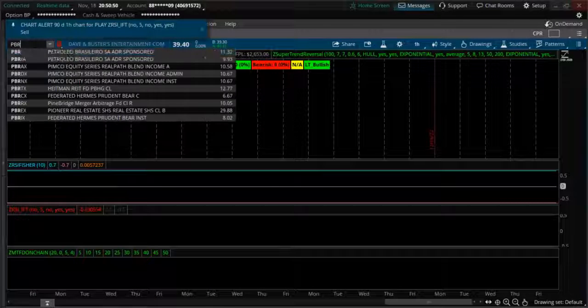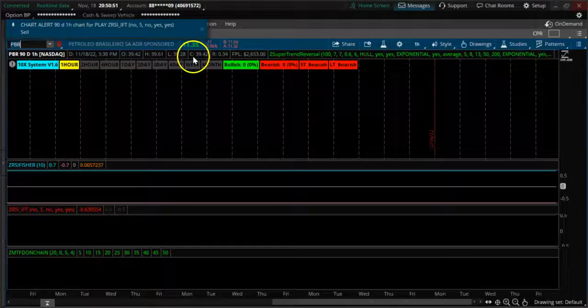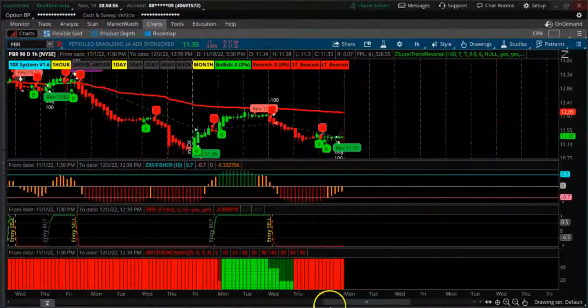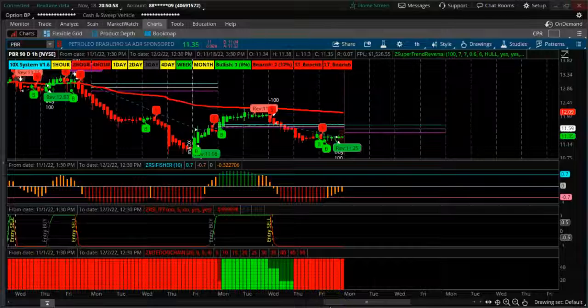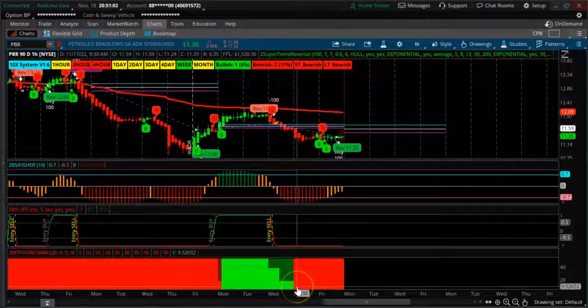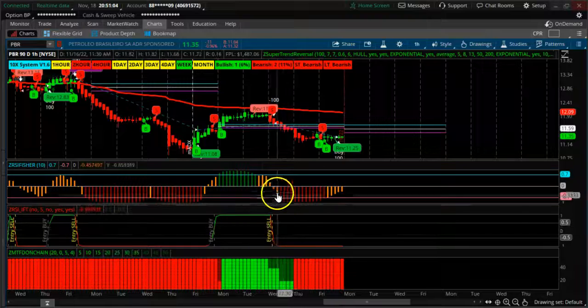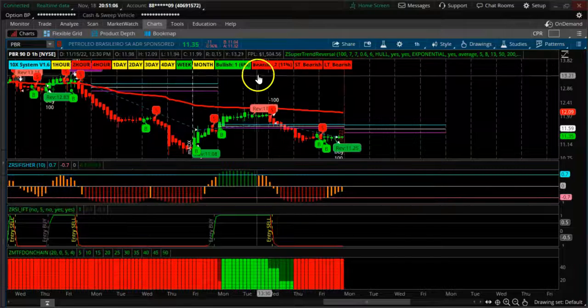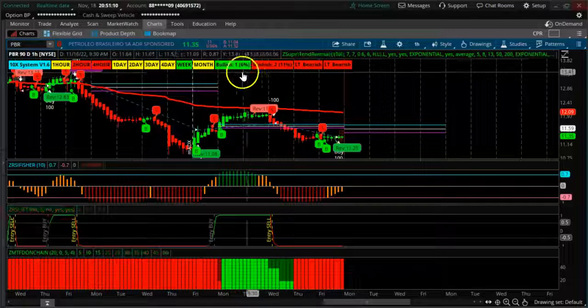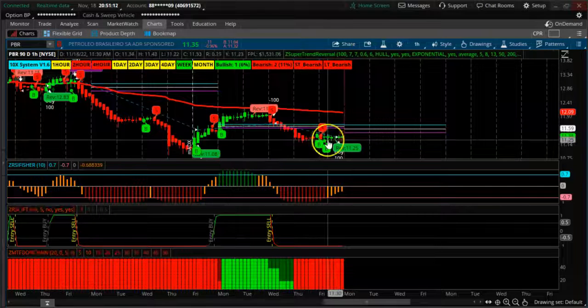PBR. See that CPR is trending down. See bearish signal here, bearish trend, sell signal here, down, long-term bearish, short-term bearish. So this is all lining up. So this is a trade to the downside.